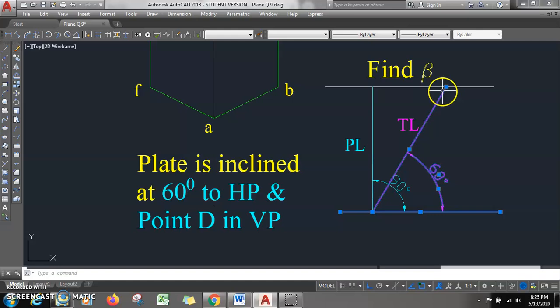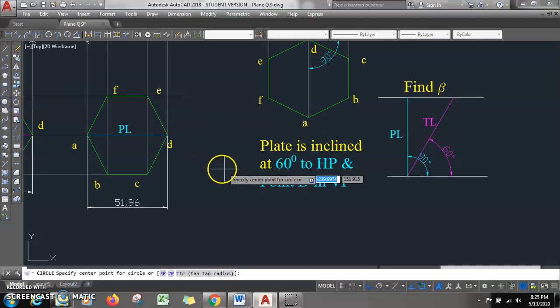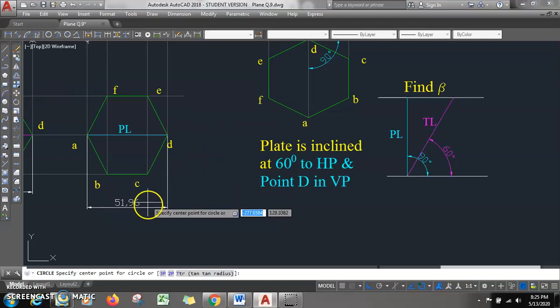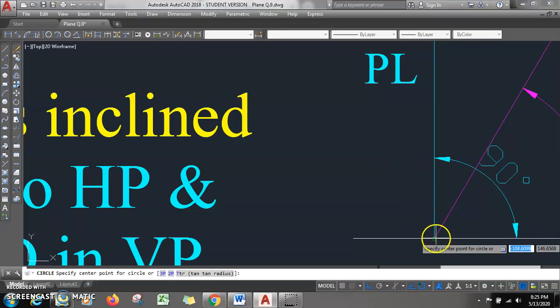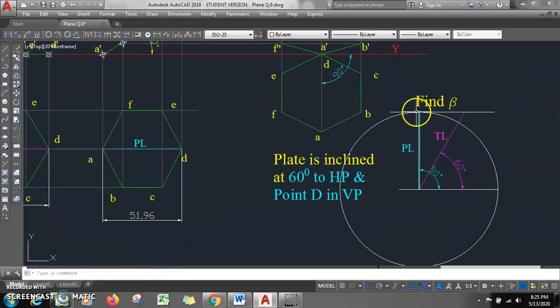When I draw the true length I will get this look. From this end point I will draw this locus line, okay. Then take a circle, okay, then take 51.96 as a radius, this point as a center, draw the circle.